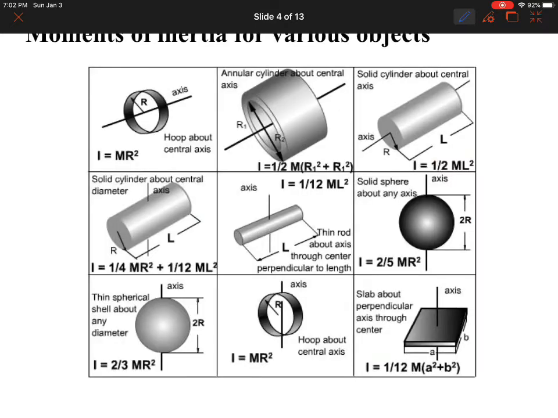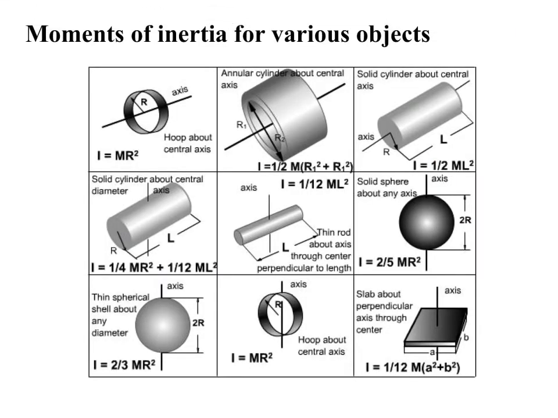But we actually have, for various objects, a bunch of different equations for a moment of inertia. If it's not a hoop or something on the end of a hoop or a string, then don't worry, you will be given the equation for that. Anytime we're talking about a cylinder that's maybe solid, you will be given the equation, because you're not expected to just know all of these equations.